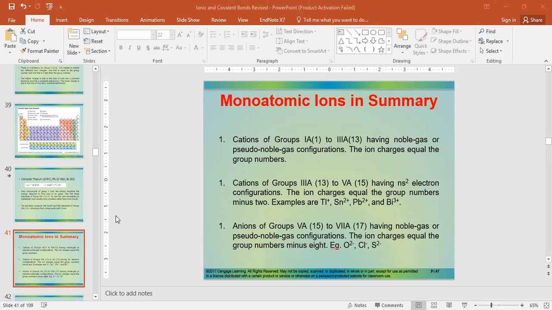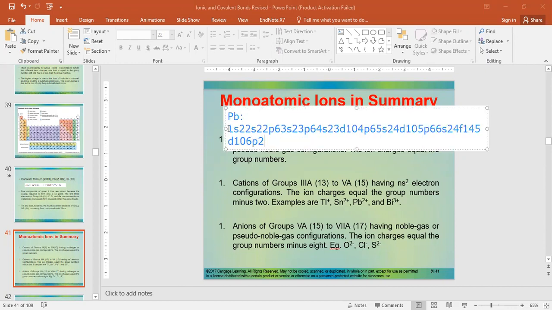Now, when it is lead 2 plus, then it is the p2 electrons that are lost. When it is 4 plus, then it is the s2 and the p2 electrons that are lost. But the stable configuration of lead is the +2. Let me illustrate that. Let me pick the electronic configuration of lead. Let me post it here so that I can explain that.